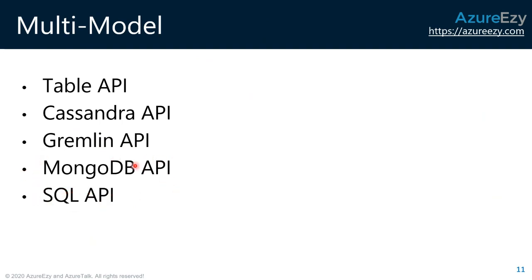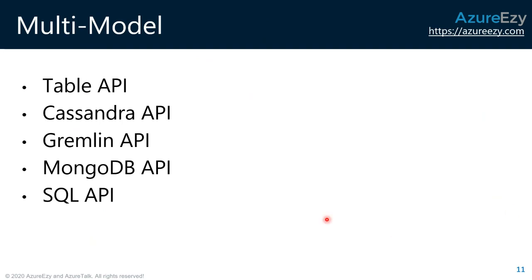So that means no matter what kind of NoSQL database you want, you can design it in Cosmos DB. And also, if you have an existing NoSQL database on-premises, you can easily migrate it to Cosmos DB, and Cosmos DB has an API to support it.